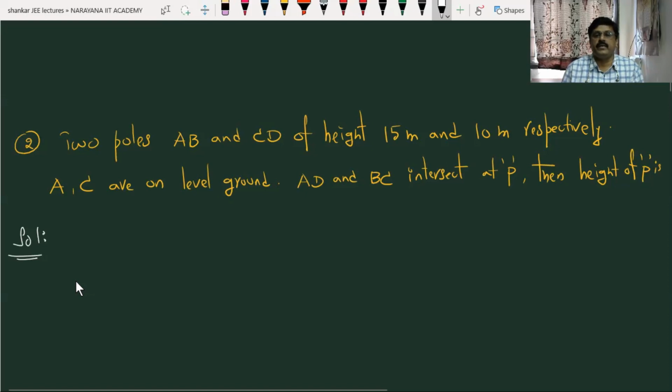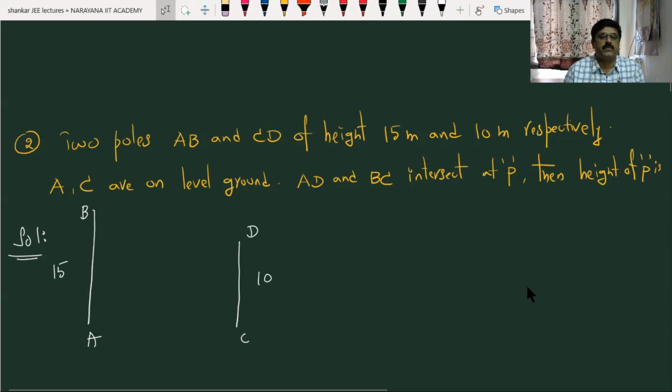First of all, AB and CD. Now watch the figure carefully. So I take AB pole like this and CD pole like this. So they give these lengths as 15, 10. Clearly they mentioned that A, C are on the level ground, AD and BC.